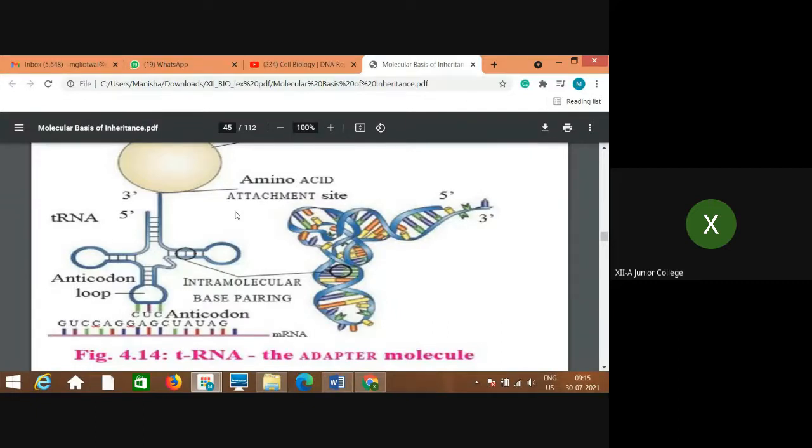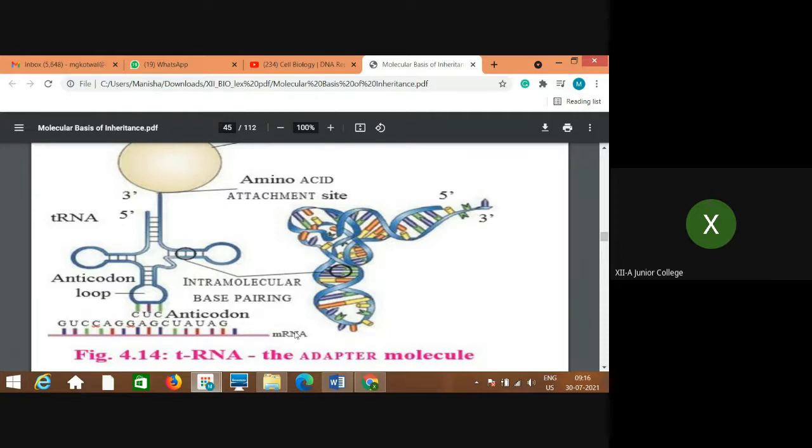These amino acids are very important, but they are not in a position to directly come in contact and play a role in protein synthesis. So an adapter is required, and that adapter is tRNA. That's why tRNA is carrying these amino acids.